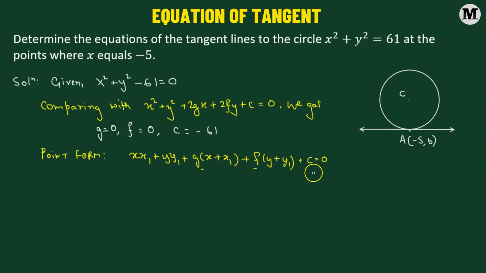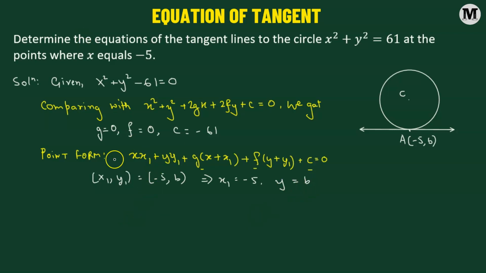So this g, f and c are the values of the constants which can be obtained from the equation of the circle. Now x1 comma y1 is going to correspond to the point of contact. In our case, x1 comma y1 corresponds to the point A with coordinates -5 comma b, which means that x1 will be equal to -5 and the value of y1 will be equal to b.